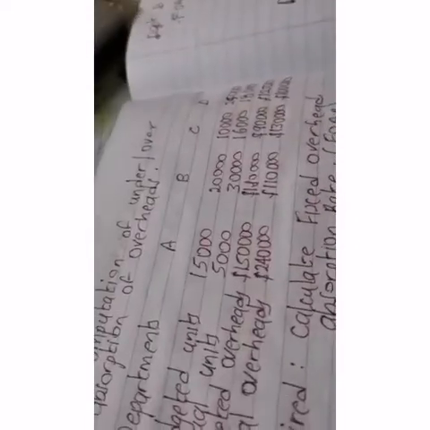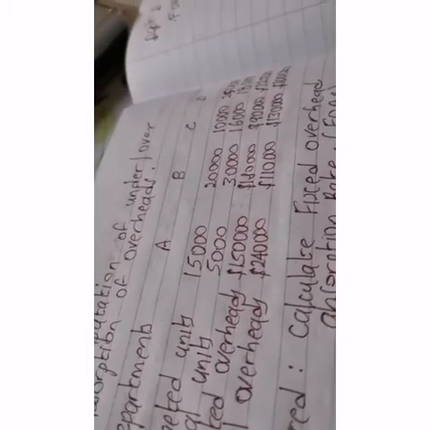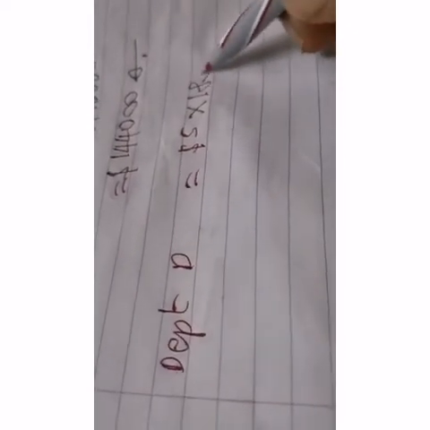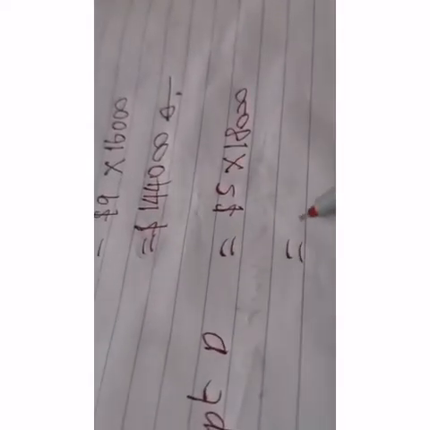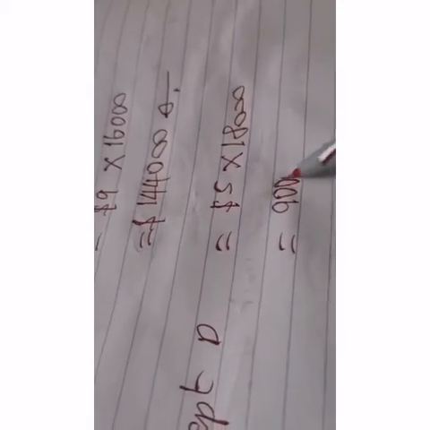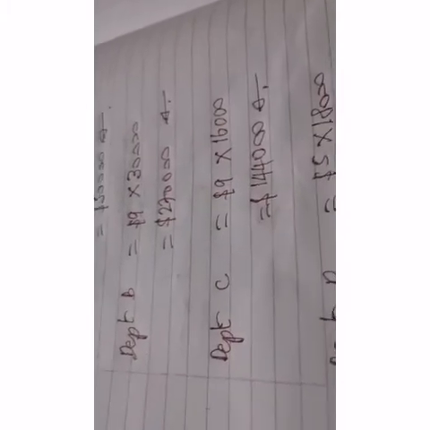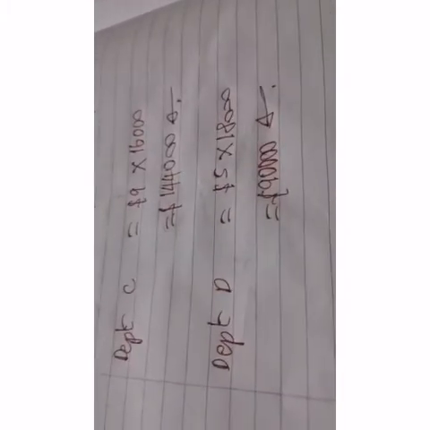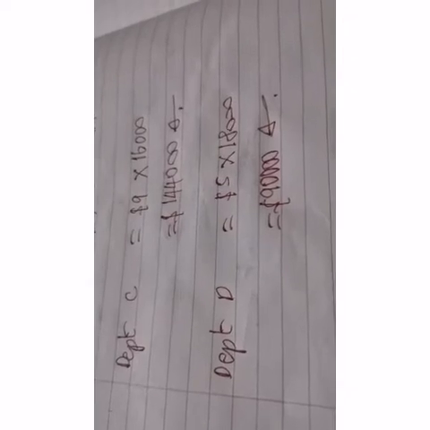What is the actual production in units? Actual units produced 18,000. So 5 times 18,000 units gives us $90,000. So we have already calculated overhead absorbed in production, FOAR times actual units. For Department A, 50,000. For Department B, 270,000. For Department C, 144,000. And last one for Department D, 90,000.